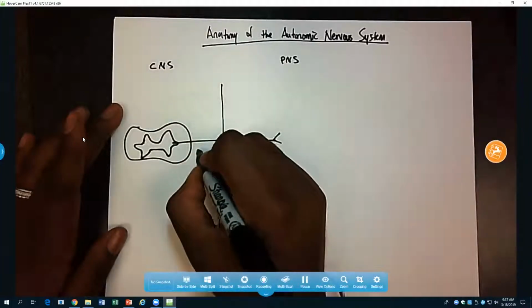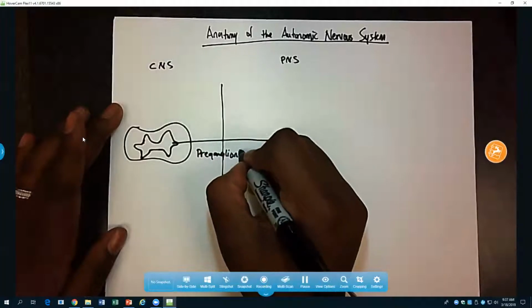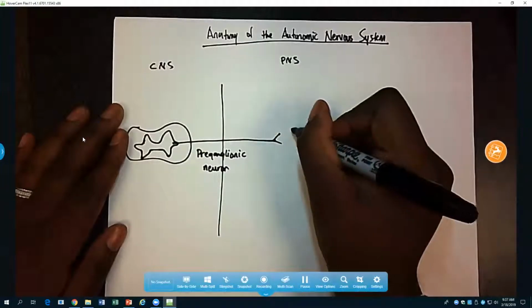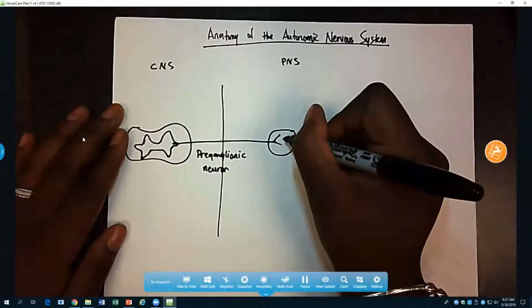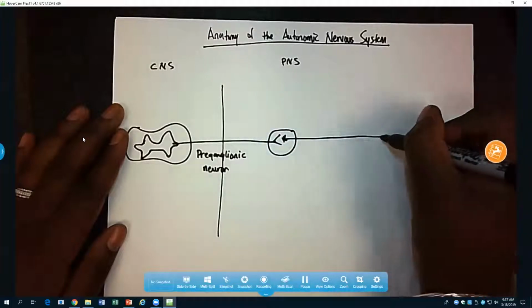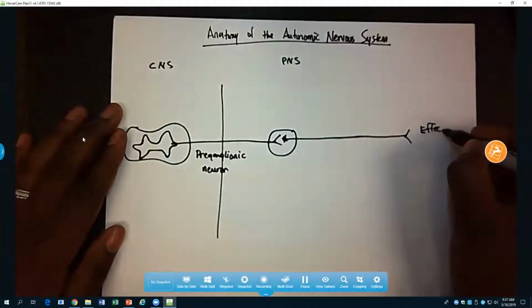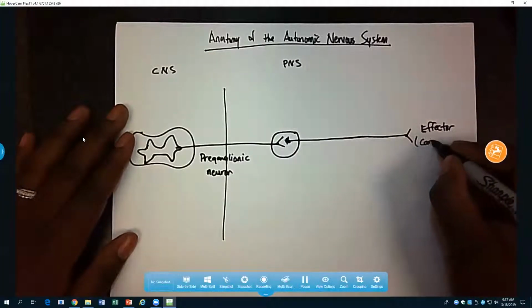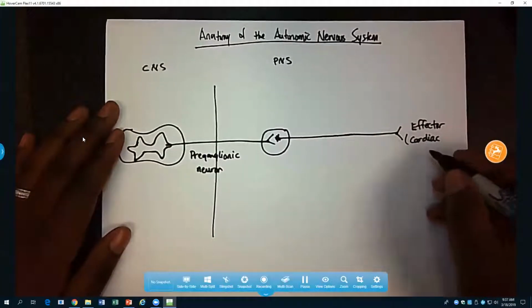This is your preganglionic neuron. Okay. And that is going to synapse here onto a second neuron, which will synapse onto some effector tissue. And as we mentioned earlier, this effector tissue can be cardiac muscle, right, which will affect your heart rate.